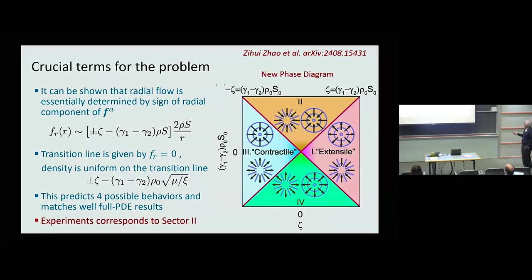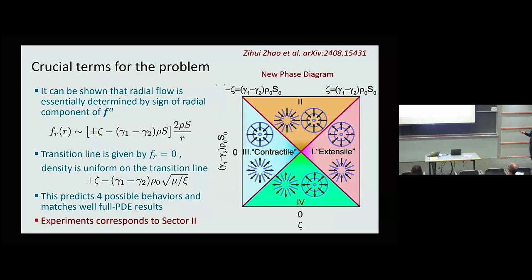Then the new diagram looks like this. Previously we had only theta, whether it's positive or negative, determining whether the system is extensile or contractile. However, now the vertical axis is proportional to gamma 1 minus gamma 2. Then we have a new regime.